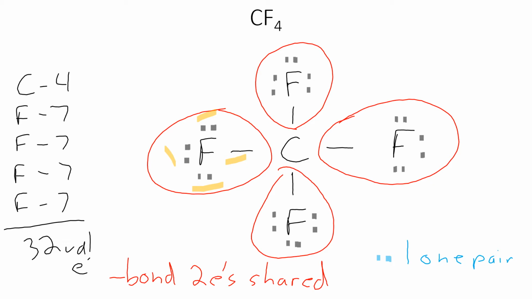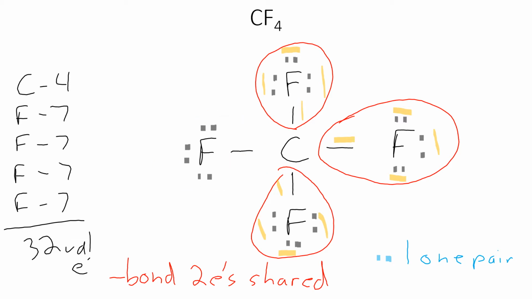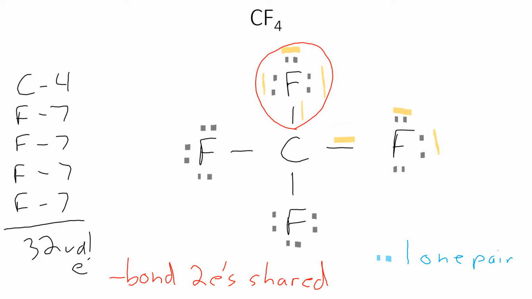We can see that they do. 2, 4, 6, 8 around that fluorine. Fluorine on the right, 2, 4, 6, 8. Fluorine on the top, 2, 4, 6, 8. So we see all the fluorines are good with their octets. The last thing we would have to check is the octet around the central atom. So we'll clear our counting marks here.